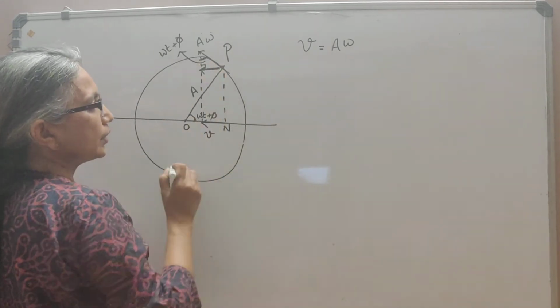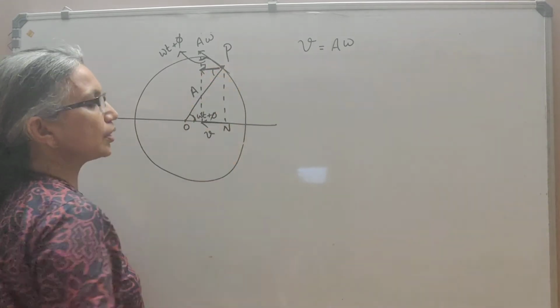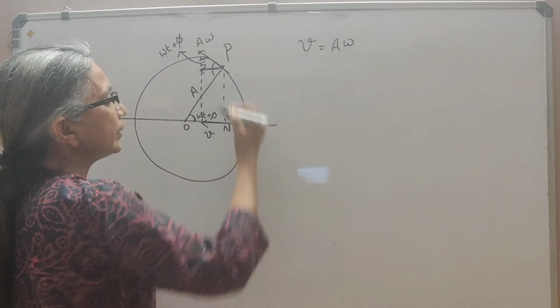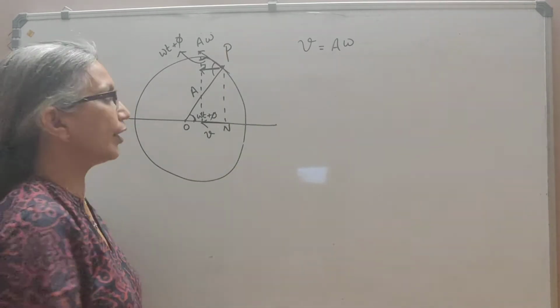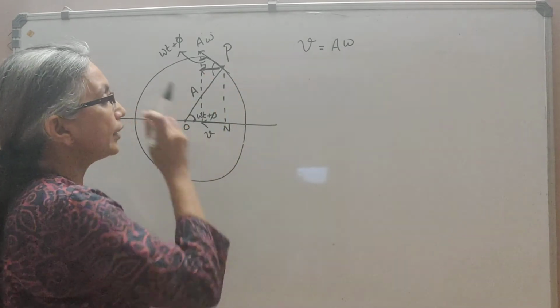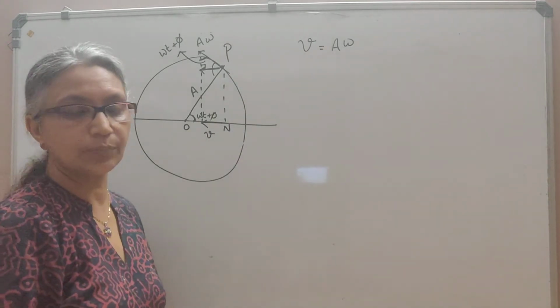This angle is 90. So if this is omega t plus phi, this alternate angle is also omega t plus phi, which means this will be 90 minus omega t plus phi. So here you have a 90, here you have a 90 minus omega t plus phi, which means this has to be omega t plus phi.